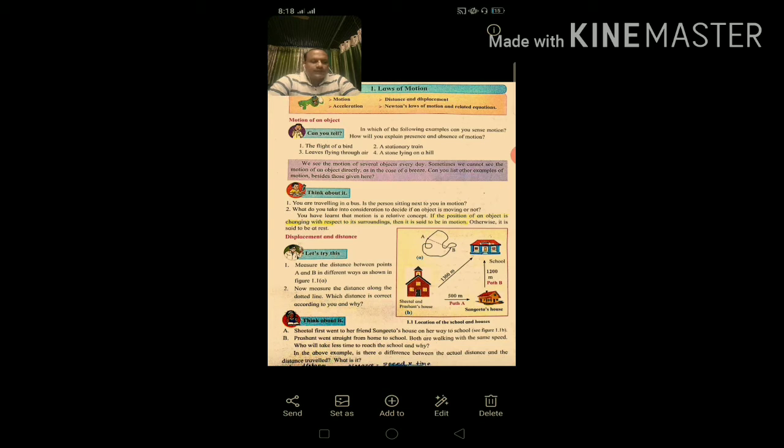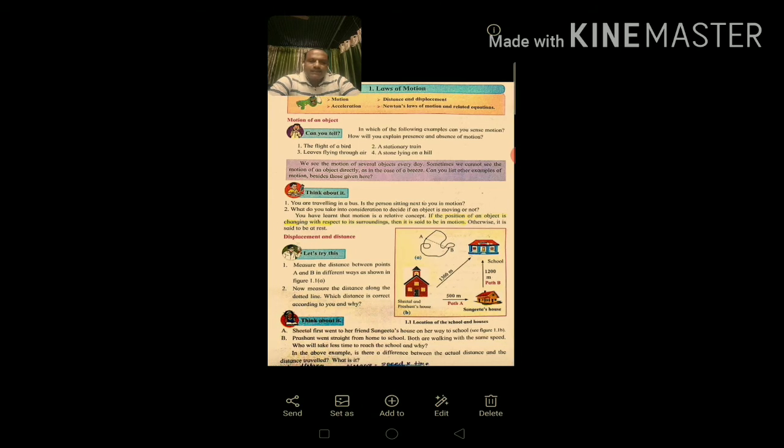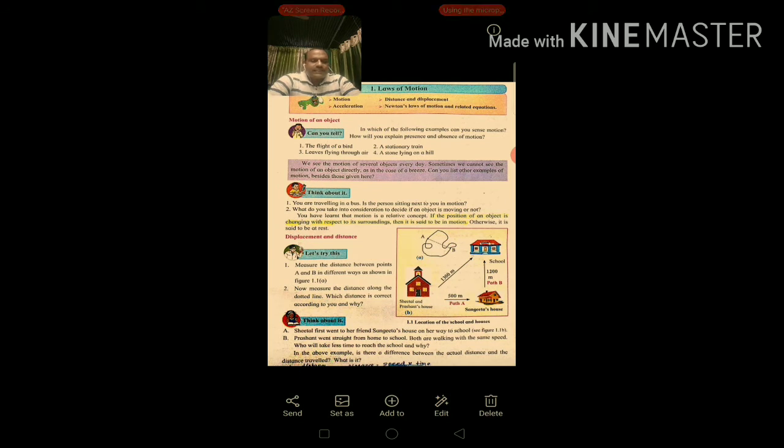Therefore the speed of Sheetal in path A is 100 meters per minute. Then her speed in path B is distance upon time, 1200 meters upon 24 minutes, and after dividing, the path B speed is 50 meters per minute. Then the average speed of Sheetal is total distance upon total time.